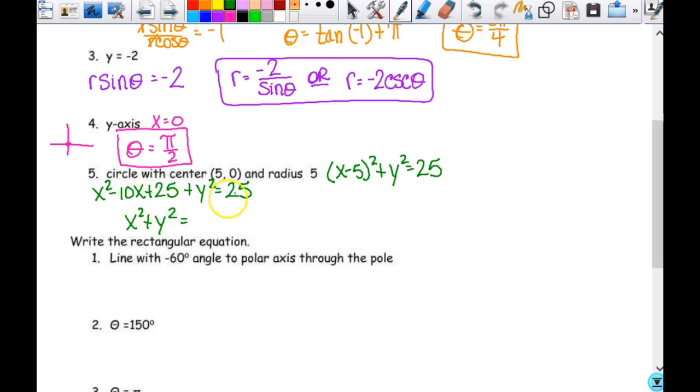That's equal to, I'm going to move this over here, so that's going to give me a positive 10x. And then when I subtract 25 from both sides, they just go away. So now I substitute. For x squared plus y squared, I substitute in r squared. For x, so I still have this 10, I substitute in r cosine theta. Well, now I can divide both sides by r, and that's going to leave me with r equals 10 cosine theta.